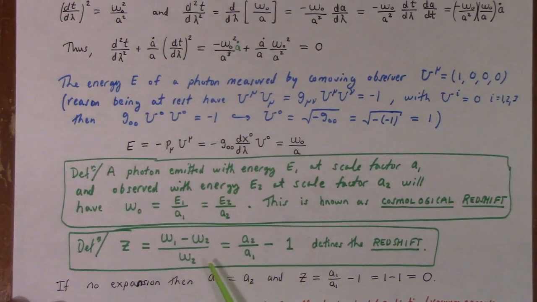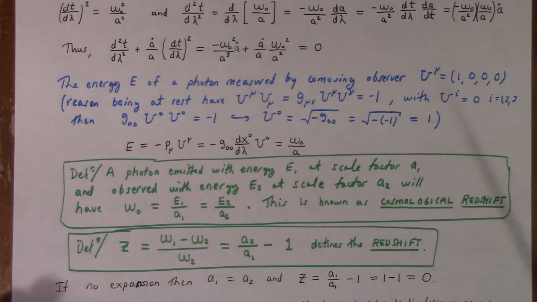For example, the redshift should be 0 if a₁ is equal to a₂. So if you have a photon emitted and then absorbed at pretty much the same time on the galactic time scale, the universe hasn't expanded, and so there's no redshift in that sense.